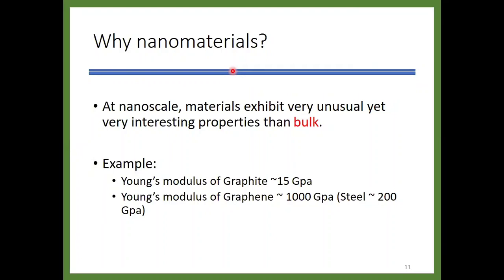The same material, graphite and graphene, but in the nanoscale dimensions you can see a very unusual increase in the Young's modulus. That means very unusual mechanical properties. Steel, the most common structural material we use, has only 200 gigapascal Young's modulus, so graphene is 5 times higher. This is just one example about mechanical properties.